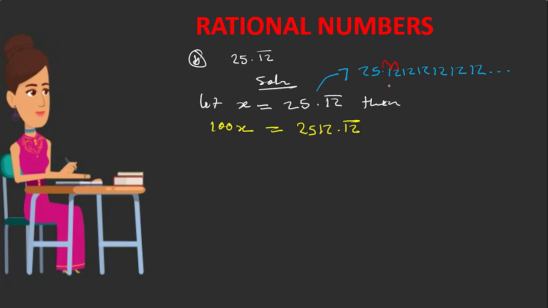Yes. Okay. So the next thing is now for us to get this one and that one. So you're going to say 100x is equal to 2512.12 bar. Then you subtract x.